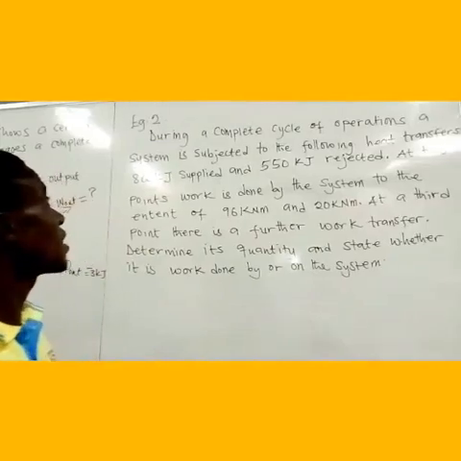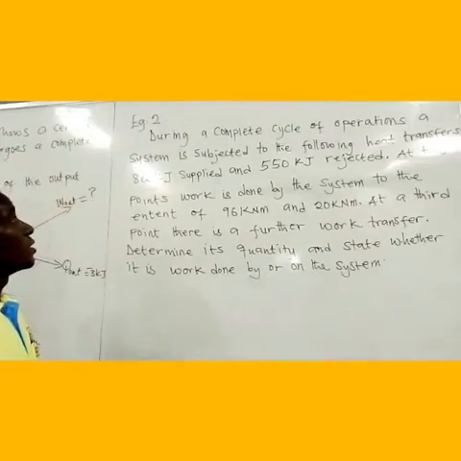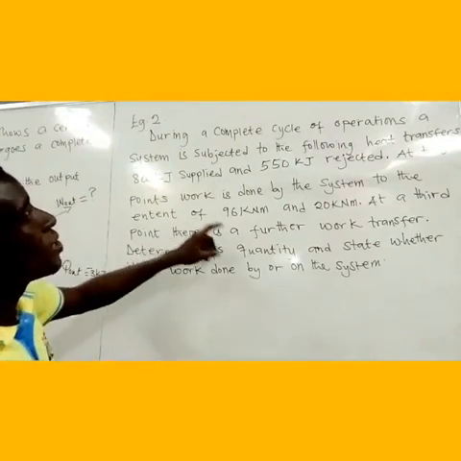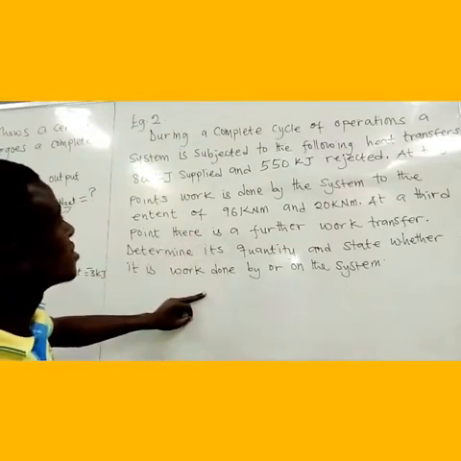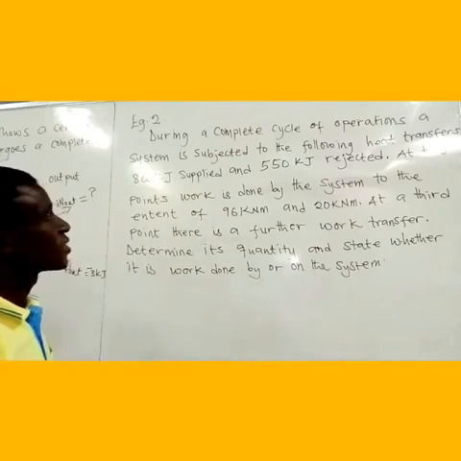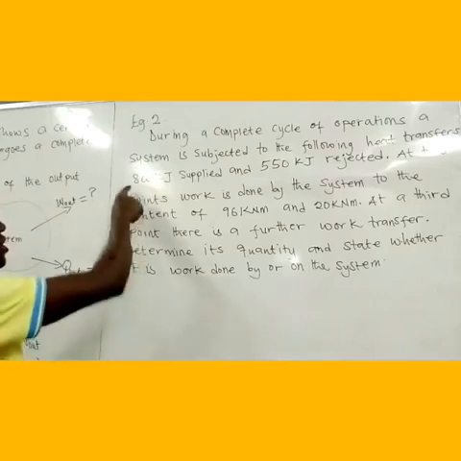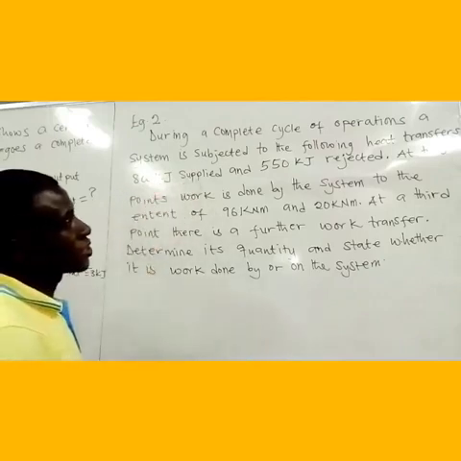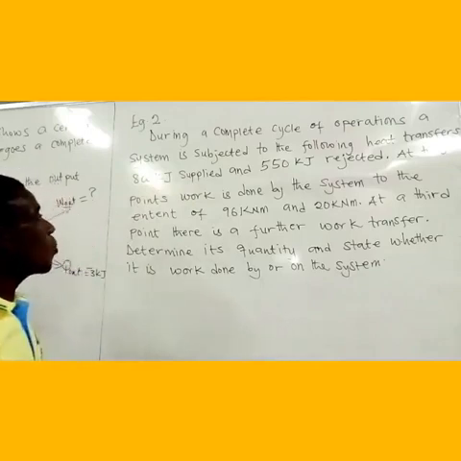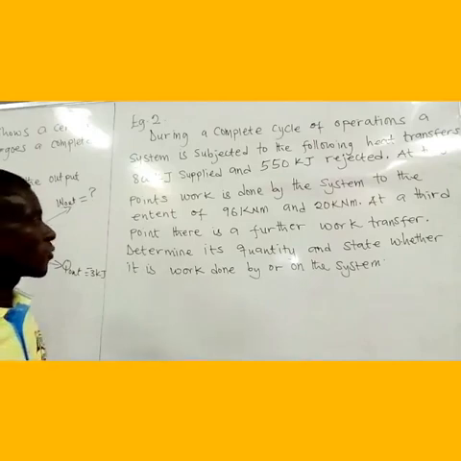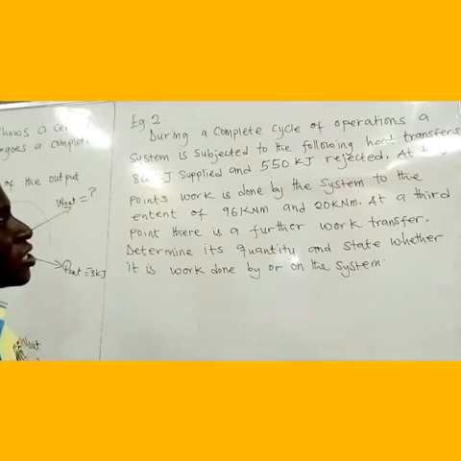Let's look at the second example. In this example, we are given that during a complete cycle of operations, a system is subjected to the following heat transfers: 800 kilojoules supplied and 550 kilojoules rejected. At 2 points, work is done by the system to the extent of 96 kilonewton meters and 20 kilonewton meters.